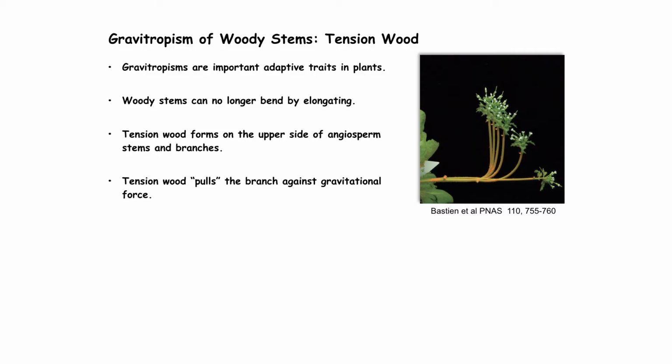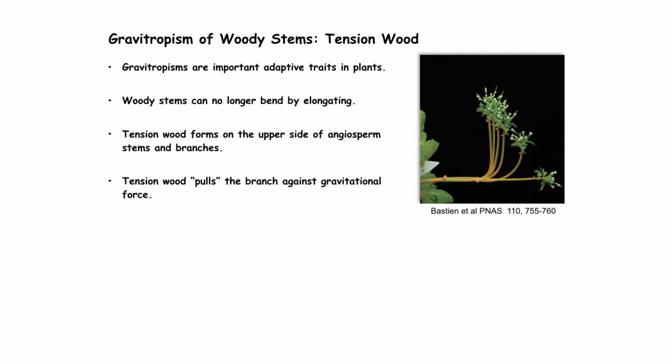Now, I also need to tell you about a biological approach that we used, and that is gravitropism and tension wood. So plants show wonderful gravitropisms. For example, this Arabidopsis stem was laid on its side, and it relatively rapidly was able to right itself, and it did that by cell elongation along the bottom part of the stem.